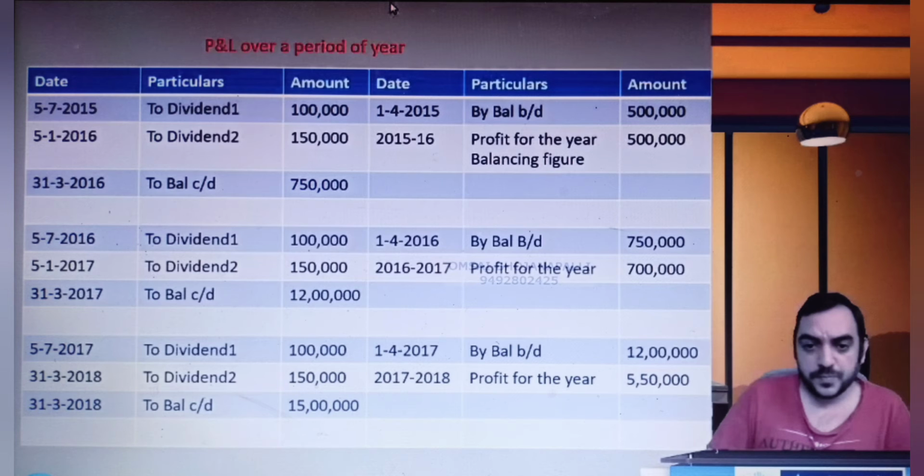Right side also dates, particulars, amount in rupees, just for our quick reference, not too much detail. P&L account balance they have given on 31st March 2015. By balance brought down.